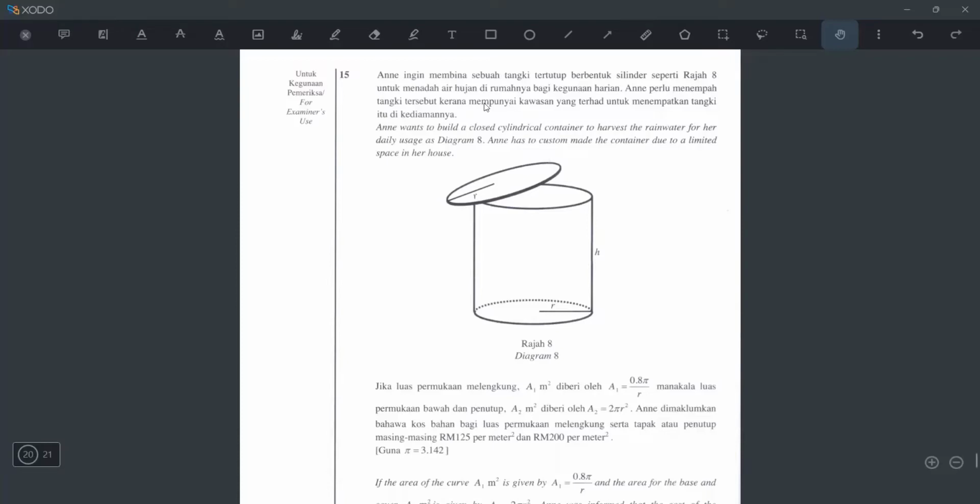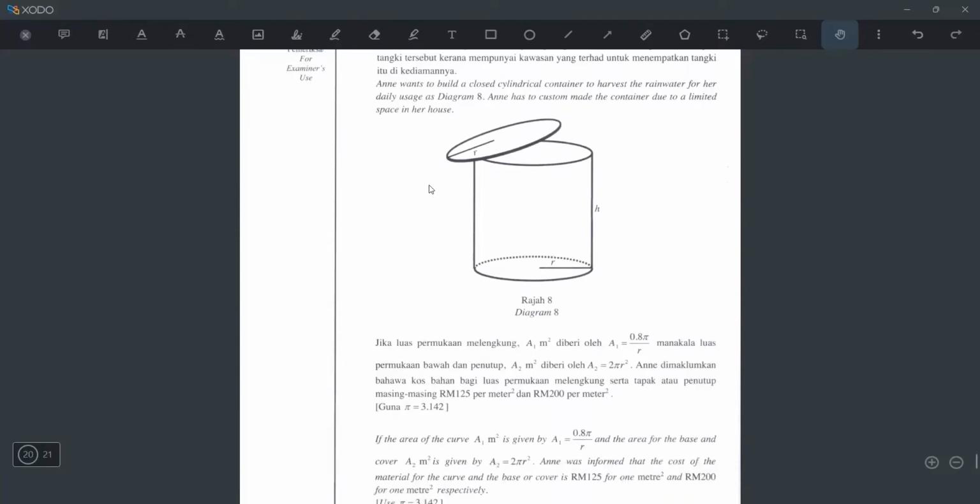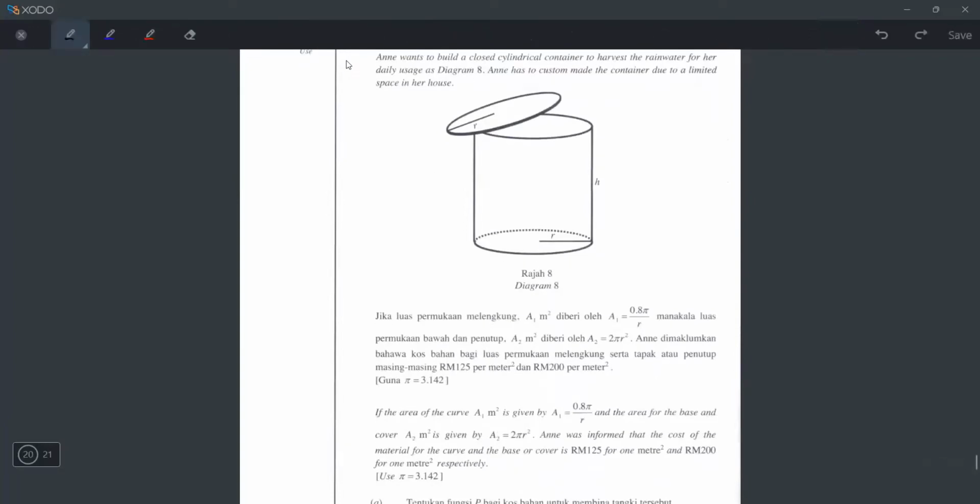All right, let's look at number 15 here. So N wants to build a closed cylindrical container. So it's closed, means it's covered. It's covered, a cover to harvest the rainwater for her daily usage. Of course the container should be covered, or the rainwater will just flow out.